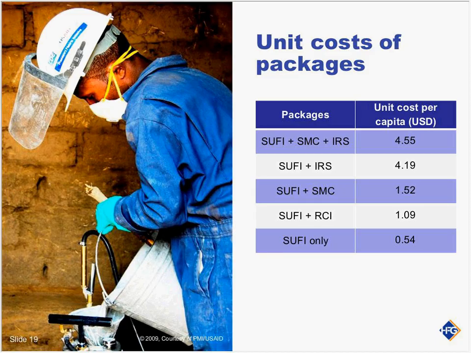So with this level of coverage, it appears that a potential efficiency gain would still be possible if we were to increase this coverage. We can still see that unit cost per capita is higher for packages where we have IRS. The Sophie only package is the one with the lowest unit cost per capita, around $0.50.